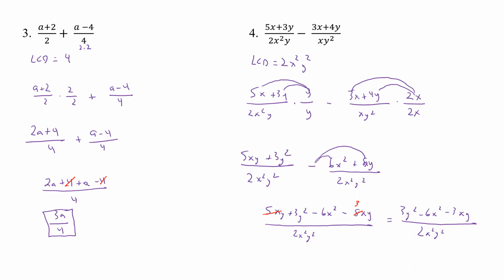Here we don't have an x, those places we have x's. Here we don't have a y, those places we have y, so there's no common terms in here other than that 3 we could pull out, and that's not going to help us cancel anything. And so that will be our final value as far as the new rational expression. We could write it as 3y squared minus 3xy minus 6x squared, or whatever order we wanted to, but that would be our final value there.